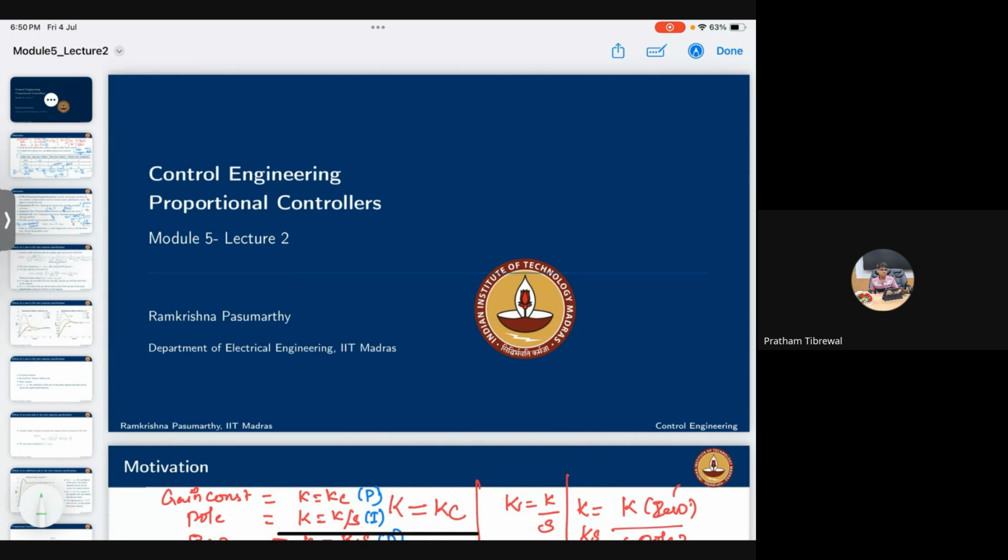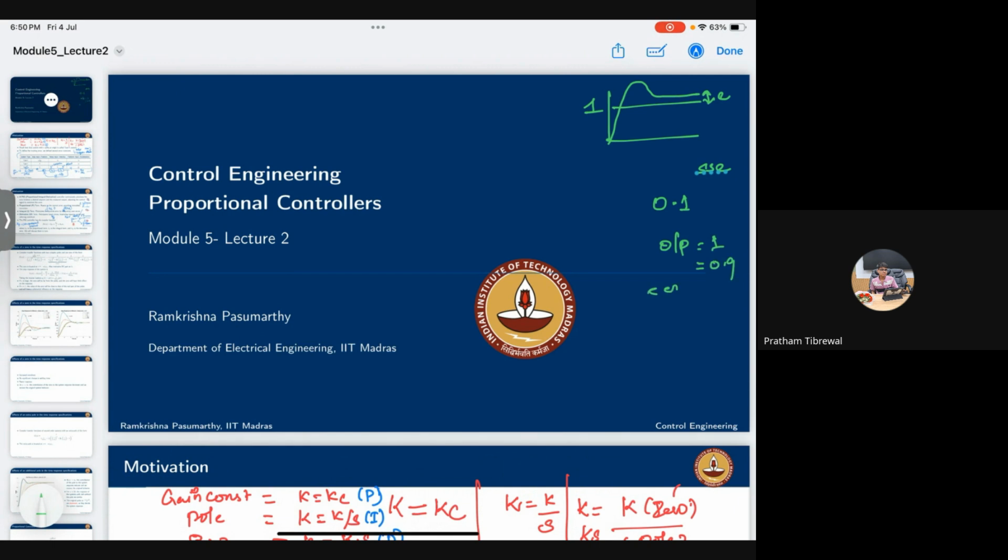Why is it necessary? As I said before, if I want to track this, but my system is like this, so this is the error we are getting, right? This we used to call the steady state error. After reaching its steady state value, this is the error. For example, if this error is 0.1, I'm supposed to get output as 1, but I'm getting 0.9.